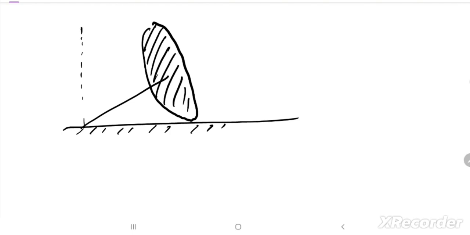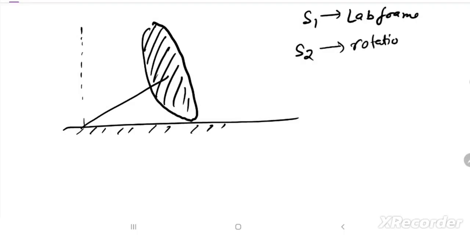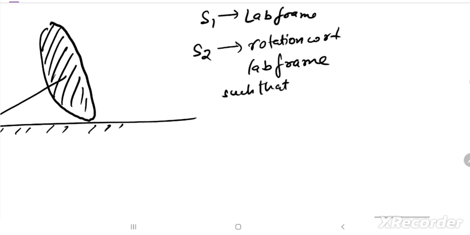Now, first of all, the first frame we are considering is the lab frame. This is S1. S1 is the lab frame. S2 is the frame such that it's rotating with respect to the lab frame, such that it appears that the disk only spins.